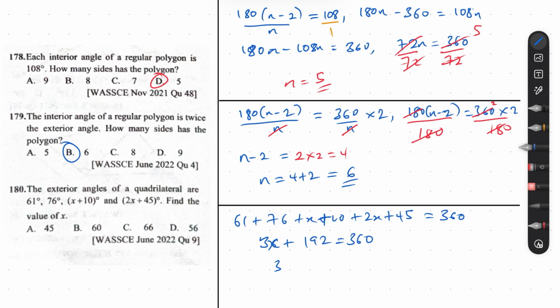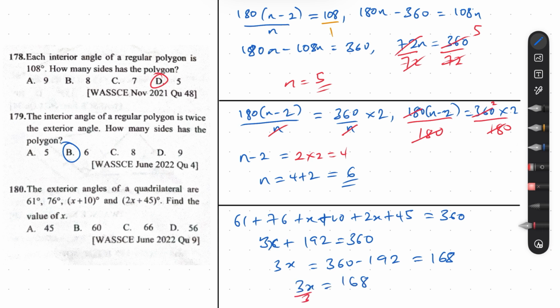So we have 3x equal to 360 minus 192, which gives us 168. That means 3x equals 168. You can divide both sides by 3.